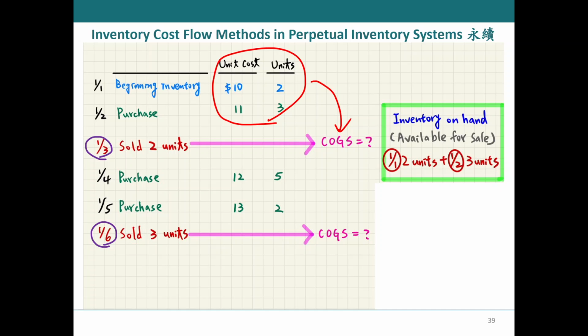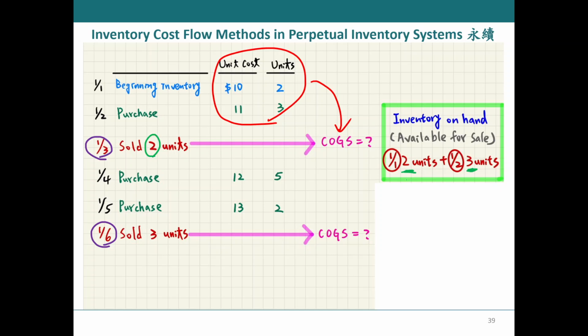Then could you tell me, for your second sale on January 6th, how many inventory you have? How many? 10 units, right? So why is it 10 units? Remember, after your first sale, you sold 2 units.